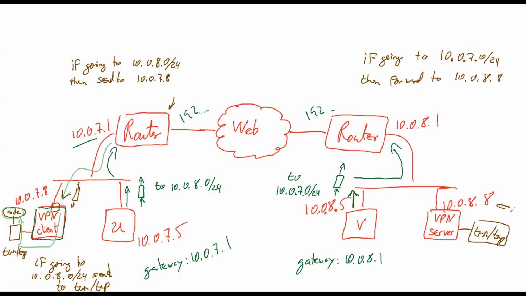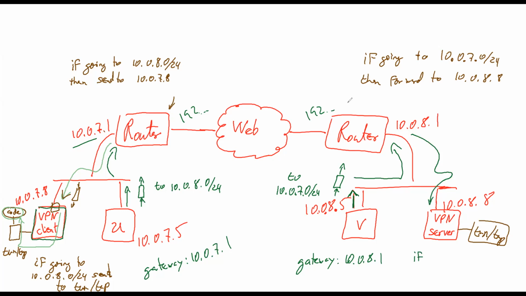So then again, the VPN server will receive the packet. The packet gets forwarded back, and it arrives here, right? But now the VPN server needs to figure out, what do I do? So it needs to have a routing rule, right?